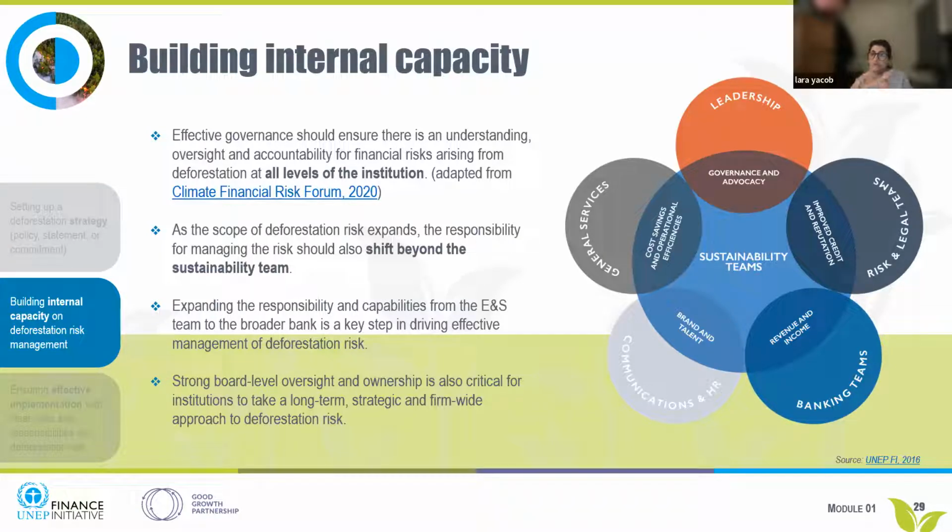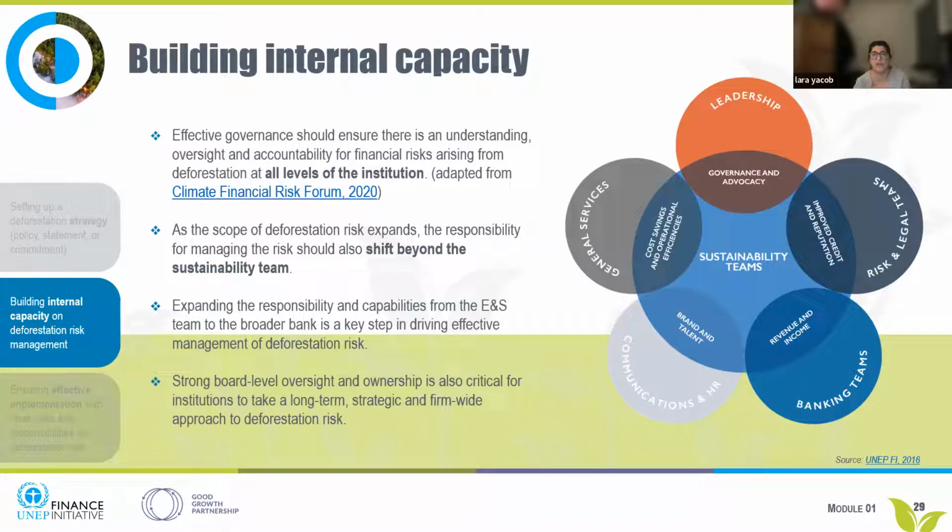So communications and HR have a role to play, as do your senior leadership, with respect to the maintenance of the governance and the overall advocacy for issues like deforestation risk. So what that means for NGOs, or any other stakeholder, when they engage with banks is hammering in the important point that this should be a collective effort, and it should be internalized as such.